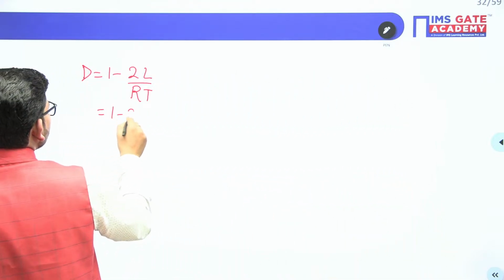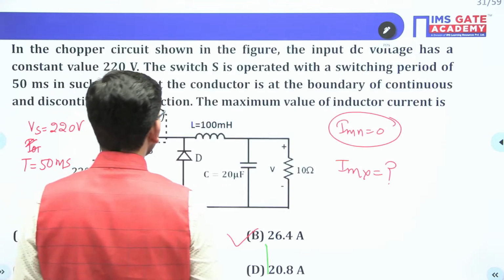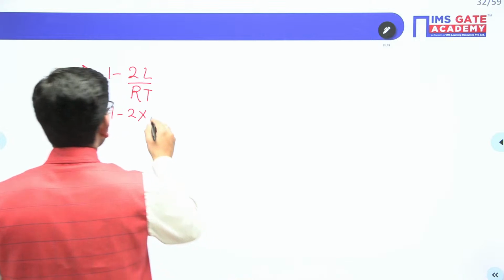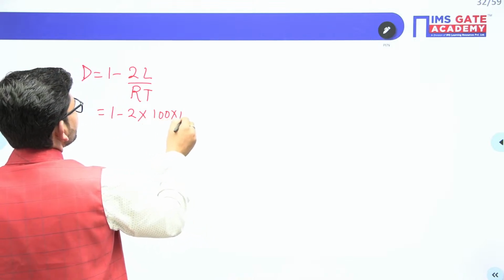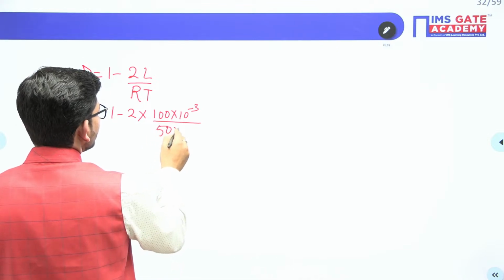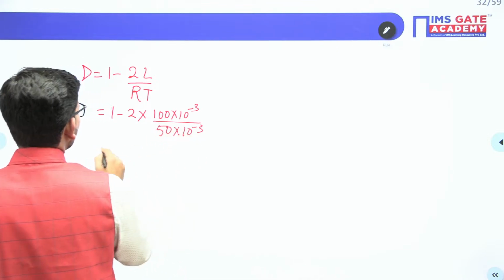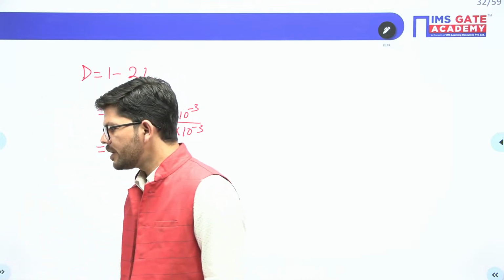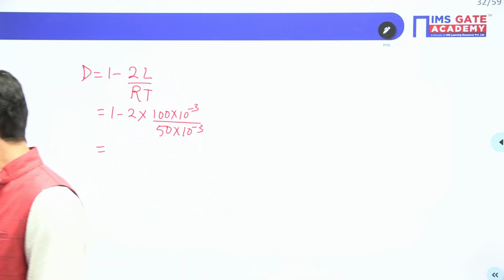And for this we have been given everything. What is the value of L here? 100 millihenry. And what is the value of T? It is 50 milliseconds. So what will be the D value here?